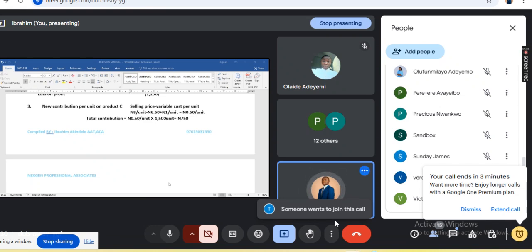You've gotten the total. They ask what will be the effect on the net income. You want to know the impact. Now, the new contribution is 750 naira. What is the old contribution? What is the difference? Do we have an increase in the profit, or do we make a loss?